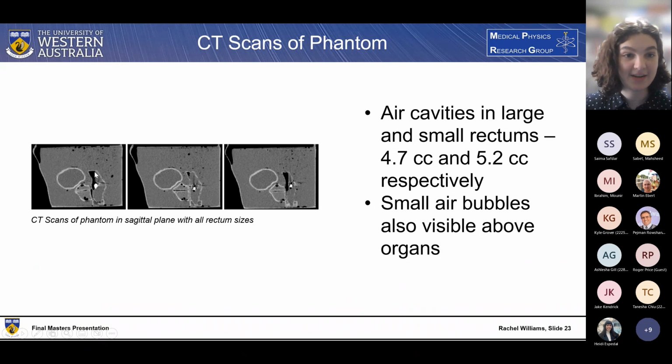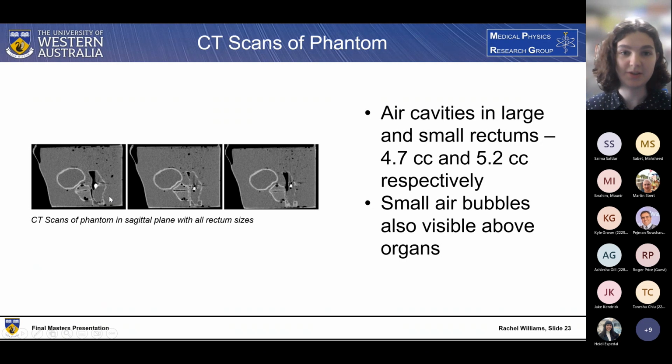And you can see that in both the larger and smaller air cavity rectums, there are large air cavities of 4.6 centimeters cubed and 5.2 centimeters cubed, respectively. This is likely due to the positioning of the ion chamber insert, as this was also used to fill each rectum with gelatin.